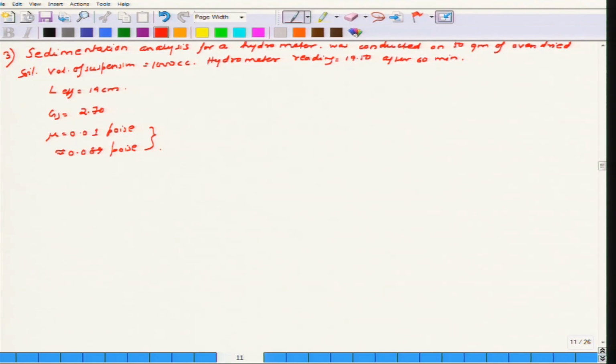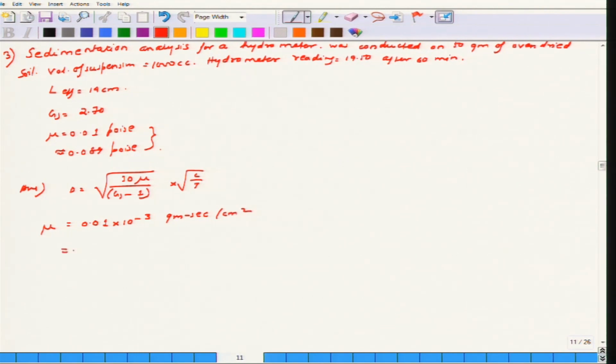So, first we will try to calculate from the formula that is mostly given, that is root over of 30 mu by Gs minus 1 into L by T. Now, mu is given in terms of 0.01 poise. Now, this has to be converted to 10 to the power minus 3 because you have to convert it into gram second per centimeter square.